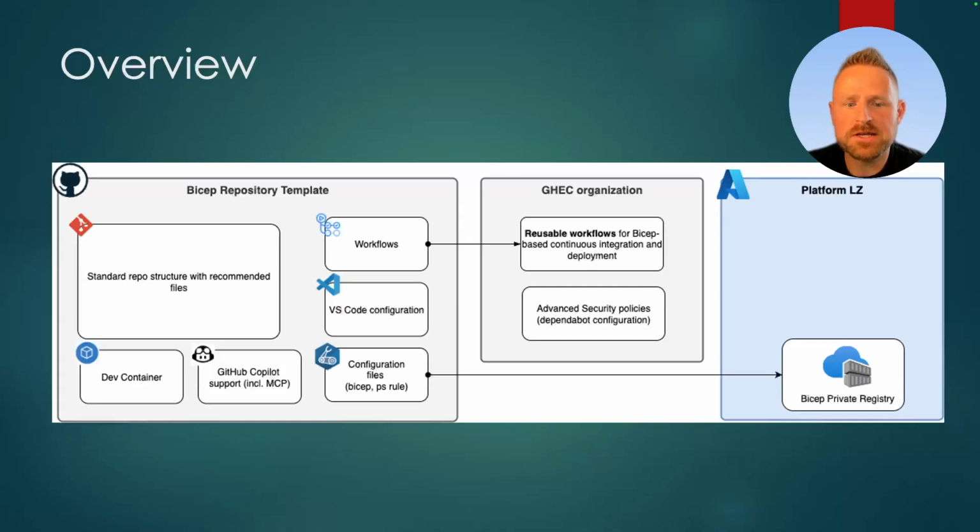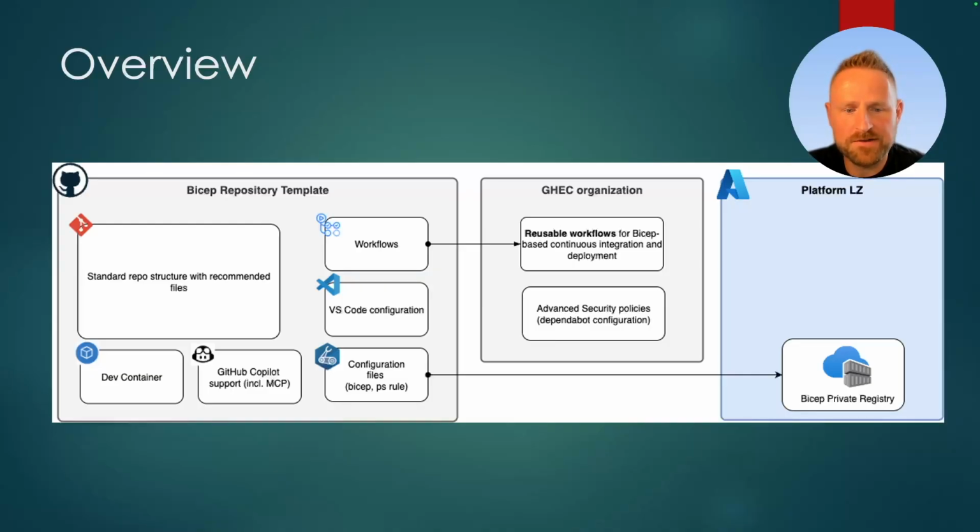For teams using VS Code, the repo contains JSON files with recommended extensions, with tasks you can run locally to support your development, and with some settings that will make the IaC configuration easier. Then you have some configuration files themselves, specifically bicepconfig.json and PSRule YAML, which is, by the way, a very important tool in our workflow.